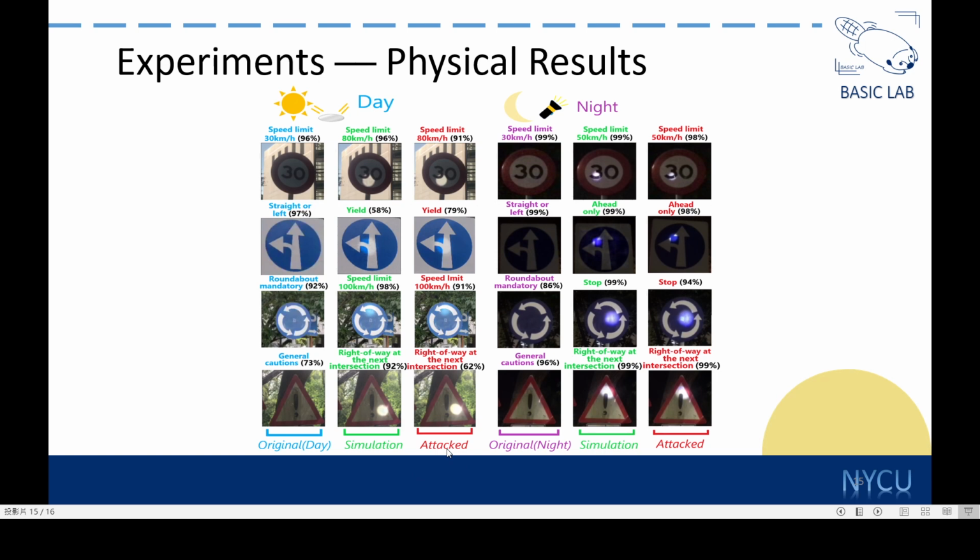And the right column is the physical attack result, where we simulate the inference outcome of the digital domain. So as you can see, this figure demonstrates that our proposed method, natural light attack, is capable of misleading current classifiers, including the benchmark model.